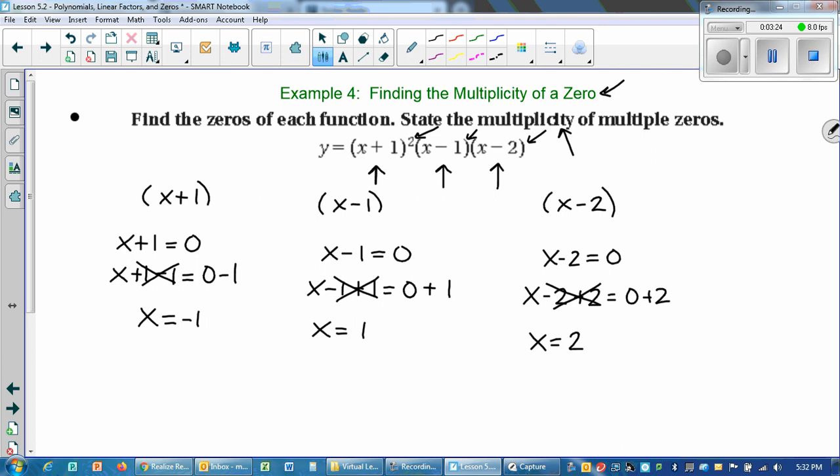But they don't want us to just find the zeros. They want us to find the zeros and the multiplicity, which means how many times does that 0 appear. Our first factor, x plus 1, this is our x equals negative 1, so x equals negative 1. But we have a multiplicity because we had a 2 on the outside of that factor, making this have a multiplicity of 2.